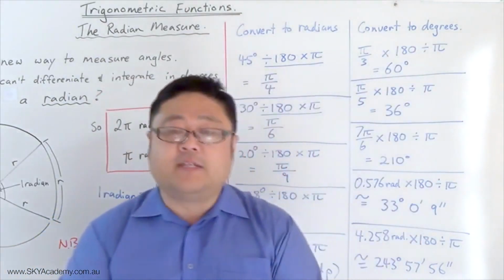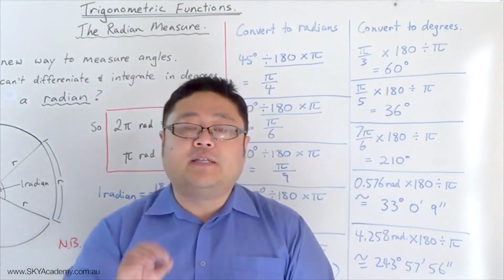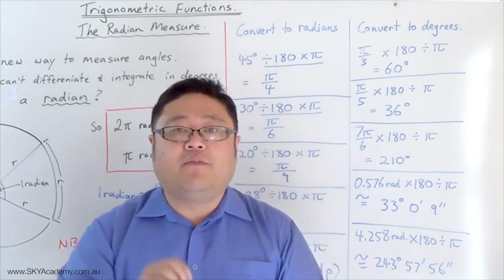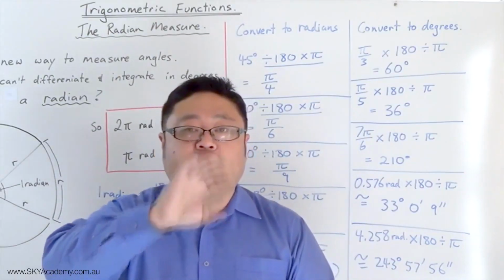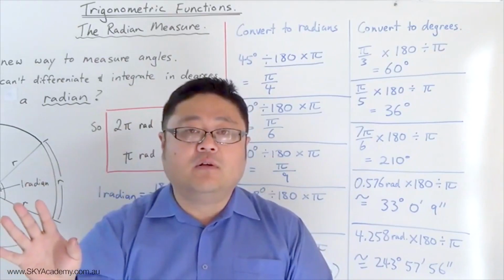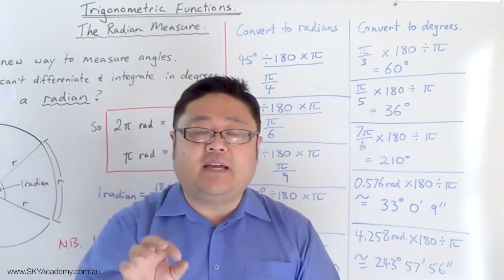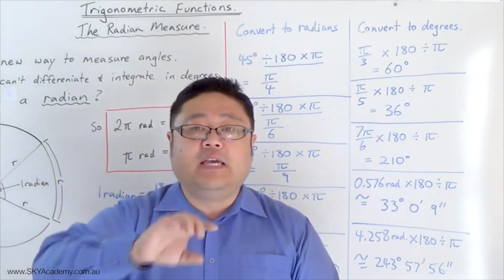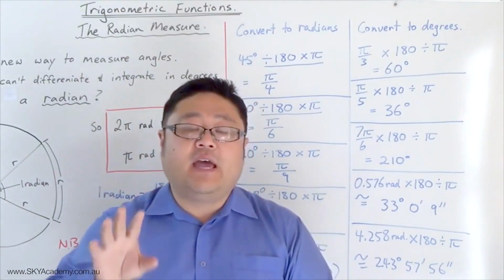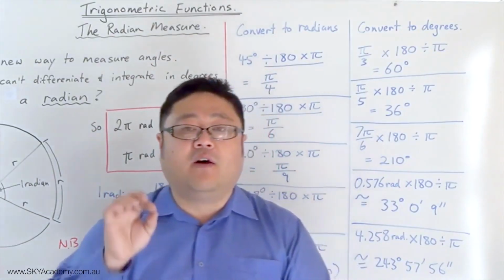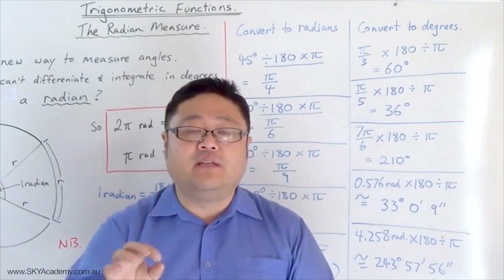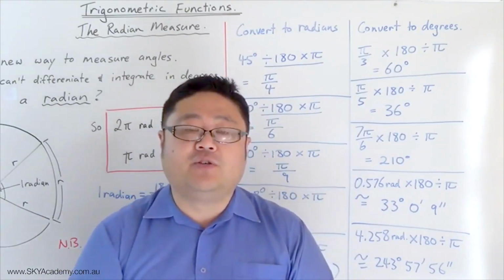What I will also say to you is that from now on, when you are finding the trig of an angle, I want you to think of that angle in terms of radians and no longer think of angles in terms of degrees when applying trig ratios to them.